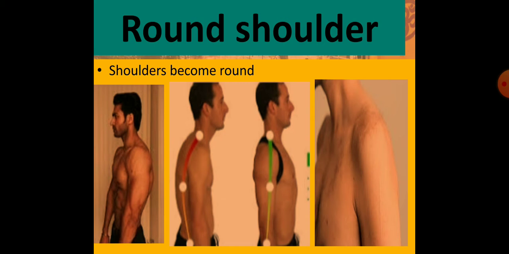In the middle of the picture we can see the normal position of the body, and another one in which shoulders are bending. In the green line we can see the normal position of the shoulders, and the rest of the pictures show the shoulders tilting forward. So these are the postural deformities of spinal curvature known as round shoulders.